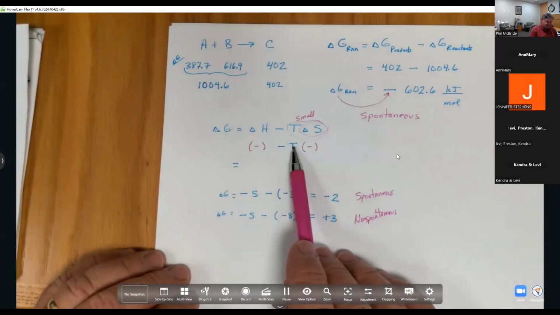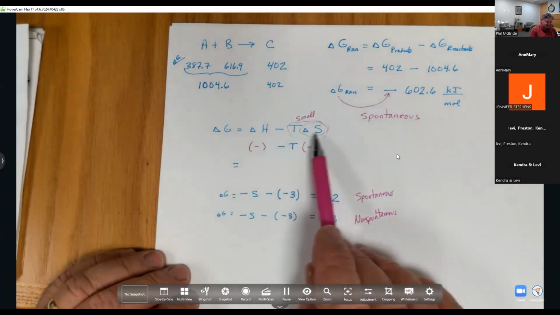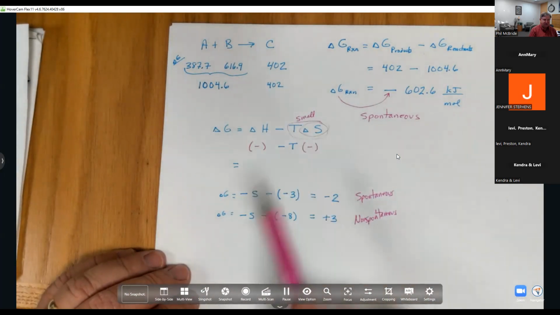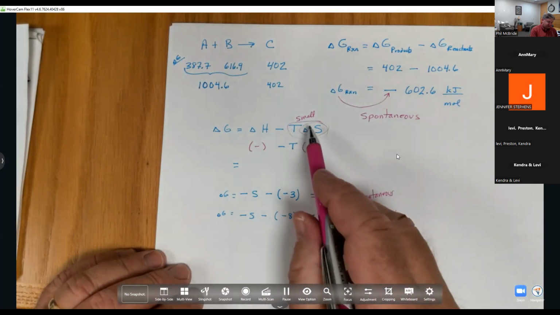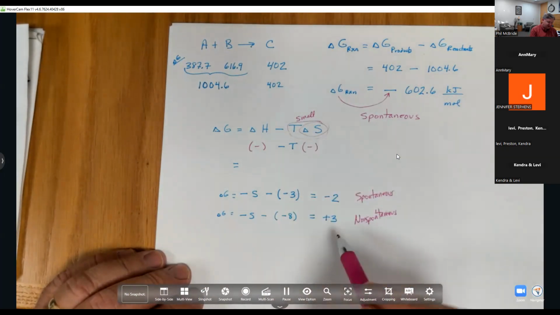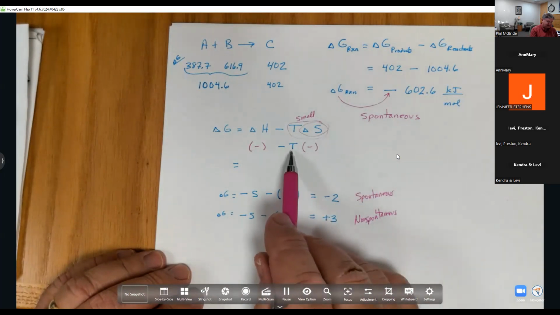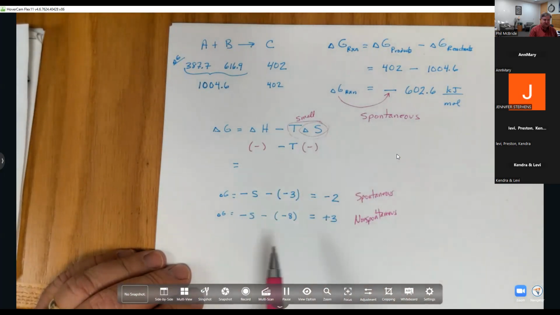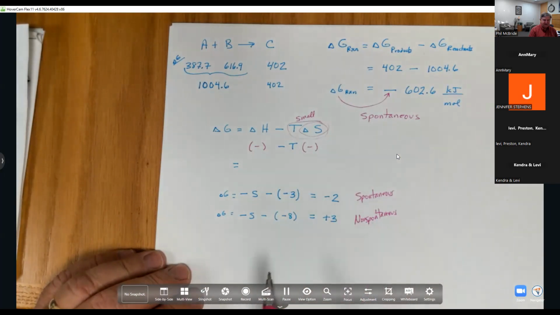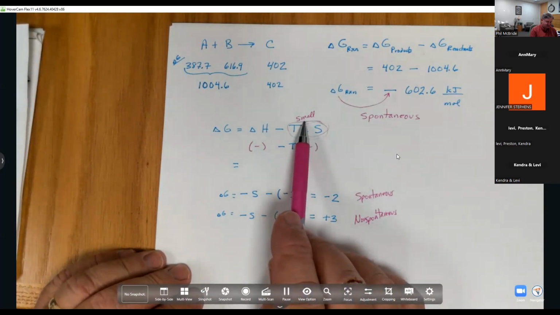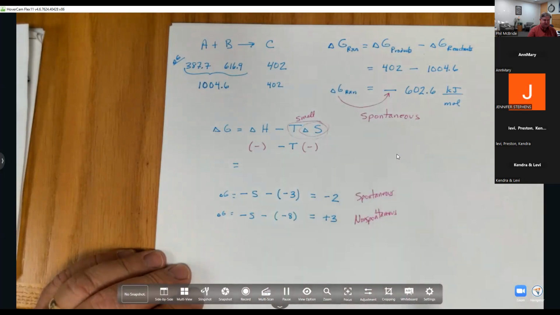So if I increase the temperature, that's going to make this part get larger, which would make it non-spontaneous. So at high temperatures, it's going to be non-spontaneous. At low temperatures, it's going to be spontaneous.